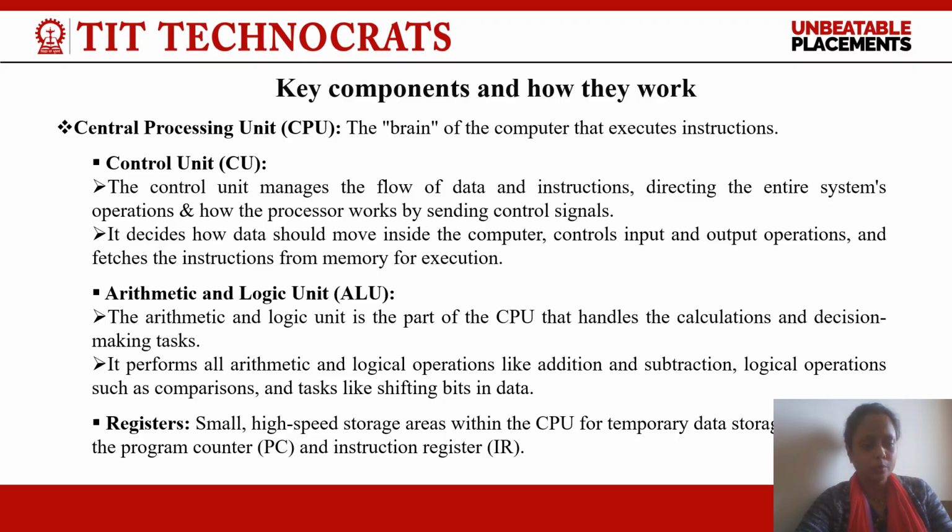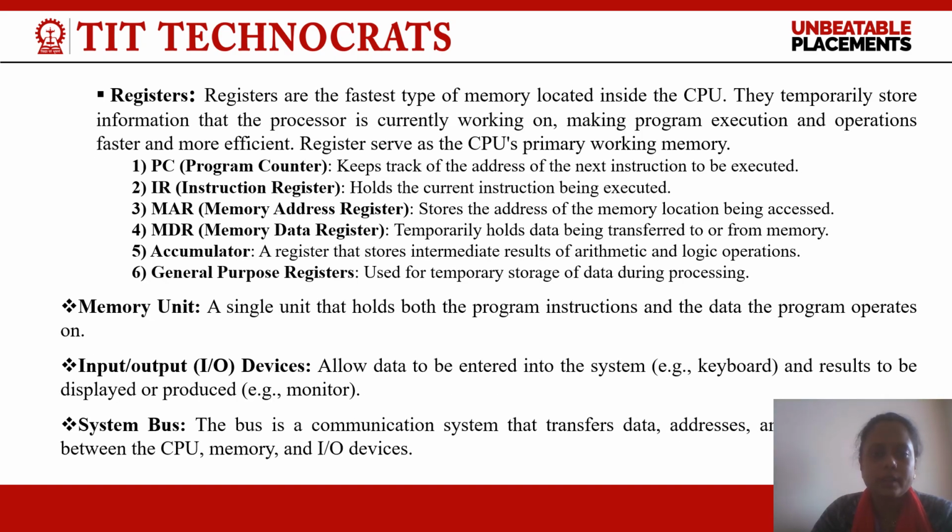Registers are the fastest type of memory located inside the CPU. They temporarily store information that the processor is currently working on, making program execution and operations faster and more efficient. Registers serve as the CPU's primary working memory.